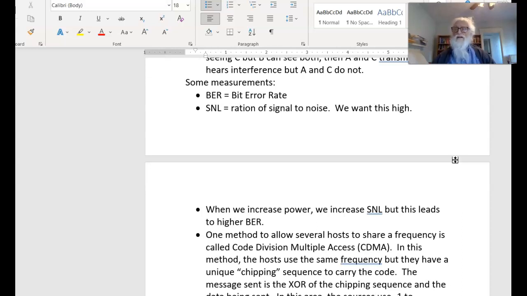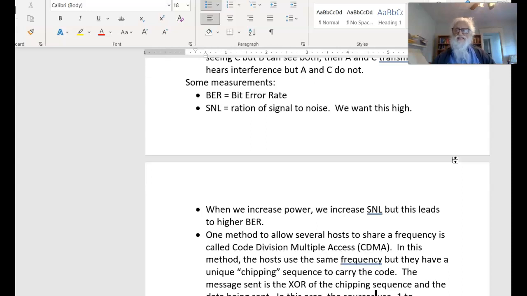We were talking about the same kind of thing. In this method, the hosts can use the same frequency, but they each have a special sort of added part that carries the code. That way, it's identified as theirs.